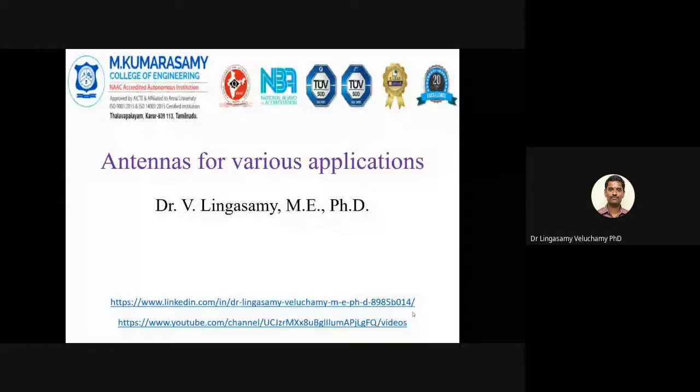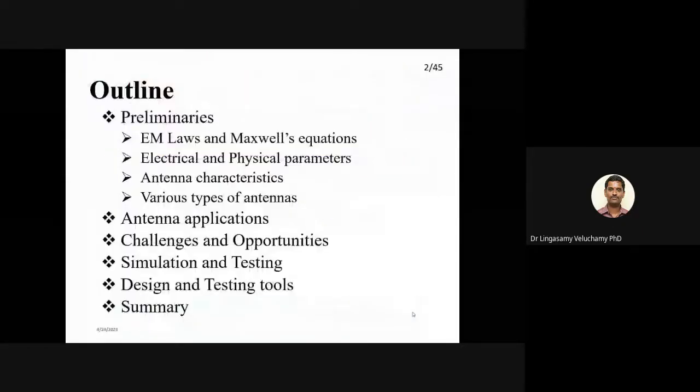I will initially talk about some basics of electromagnetics and then antennas, and then we'll see various types of antennas and why they evolved, followed by some applications of antennas, only very few, where antennas are mostly used.